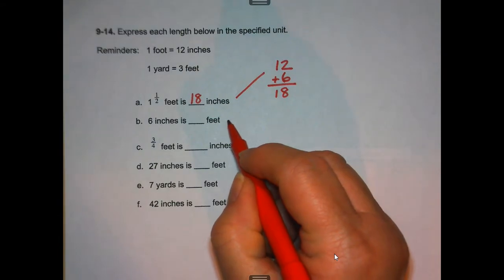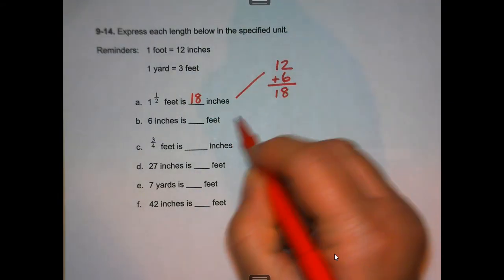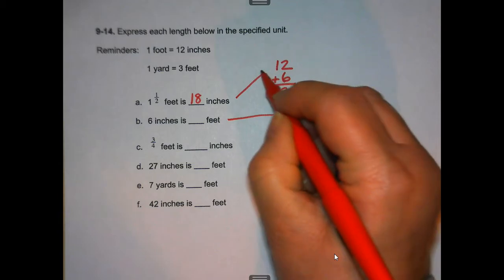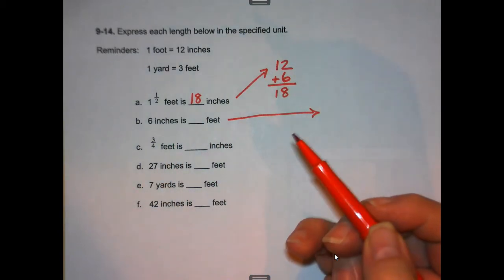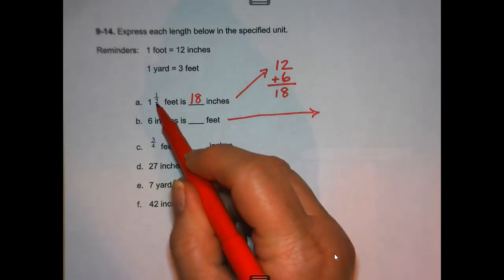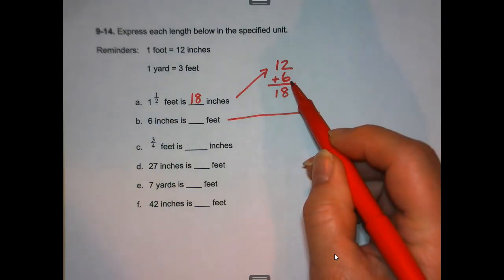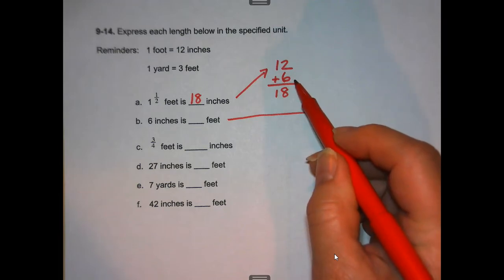Now, I went ahead and I have already done part of this problem here. 6 inches is how many feet? Well, up here I saw 1/2 of a foot, and when I take a look at my math up here, this is a whole foot, this is a half foot.